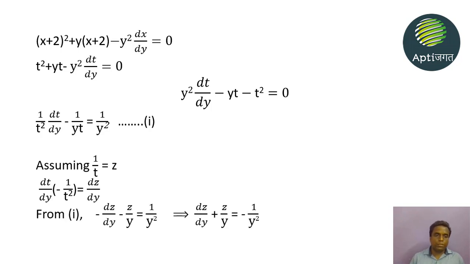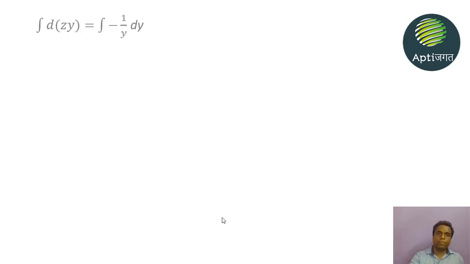So from this equation 1, if we substitute this differentiated value, what do we get? Minus dz upon dy minus z upon y equal to 1 upon y square. Finally, dz upon dy plus z upon y equal to minus 1 by y square.